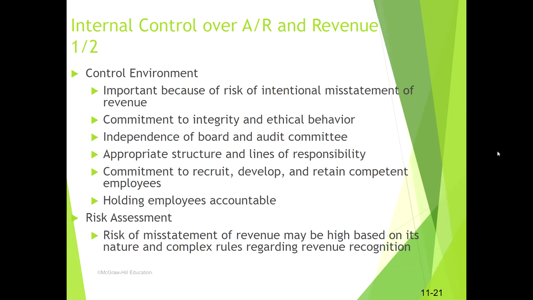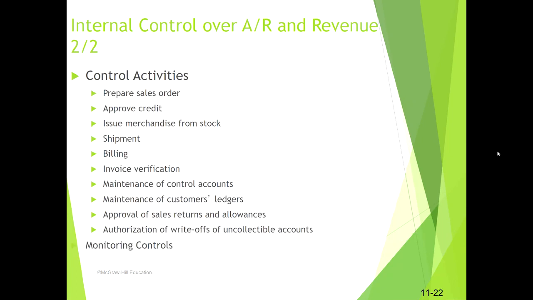Revenue is a high risk account, and so we're definitely going to be thinking about the internal control framework: the control environment, the risk assessment, and specific control activities, which are going to vary based on each transaction cycle, right? And based on how goods flow through the client, we have these different processes.